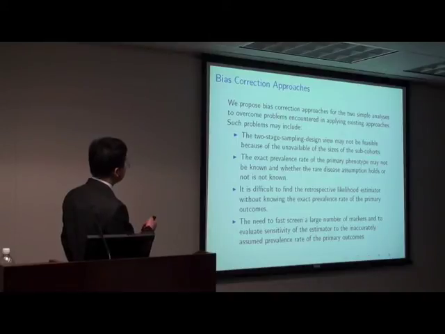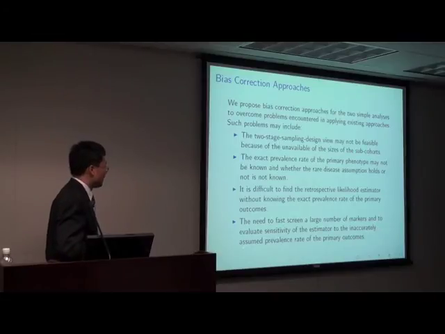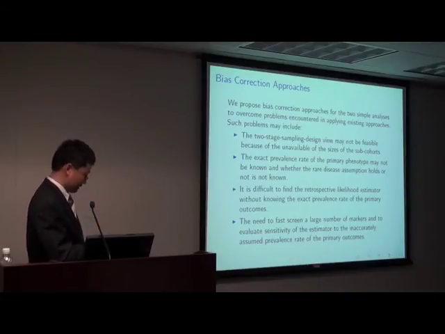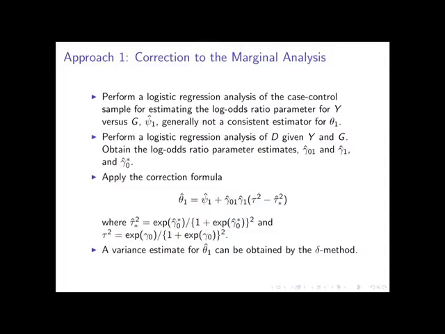Okay? So this correction approach does not need us to know the exact prevalence rate for the primary outcome. And it is very fast if you want to screen a large number of markers and also evaluate the sensitivity of the estimate to the prevalence rate. Those two properties are important in genome-wide association studies.